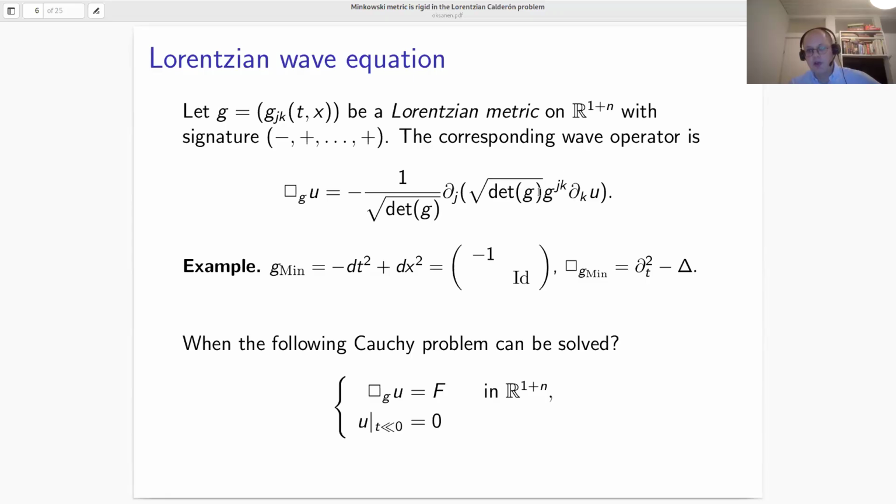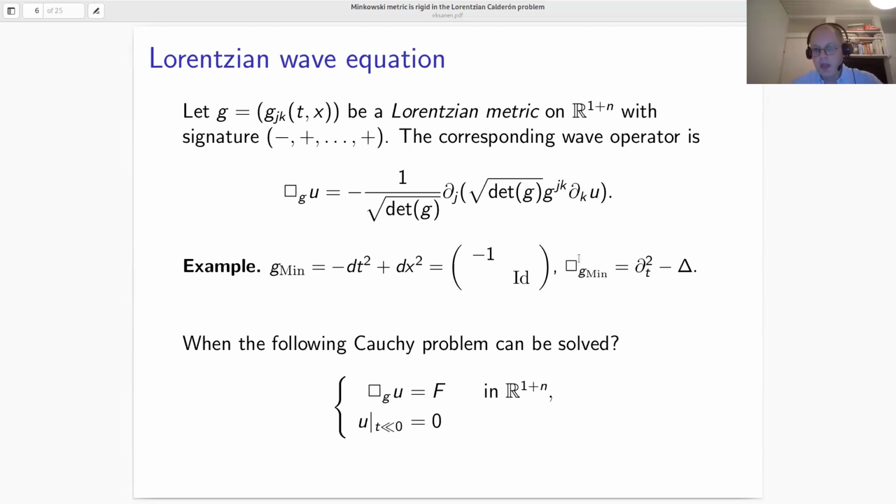Because this has this indefinite signature, the resulting operator is a hyperbolic operator rather than an elliptic one, as you would have in the Riemannian case. So a simple example is that if your Lorentzian metric is just the Minkowski metric, so it's just the line element in time and in space, but here we have a negative sign. In other words, it's this diagonal matrix with entries -1 and then 1s.